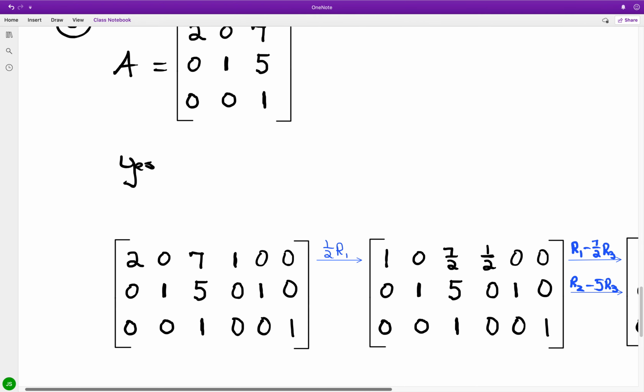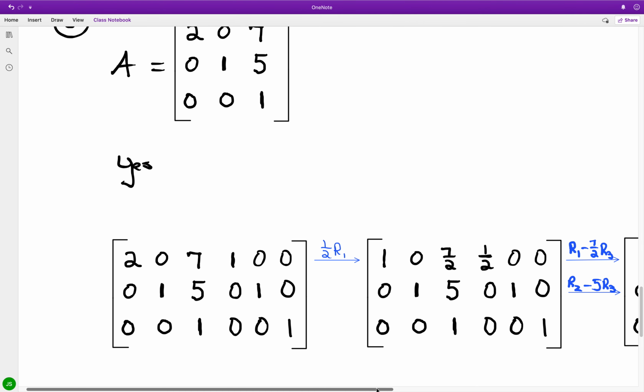Looking at what we have next, we have 1, 0, 0, 0, 1, 0. So no adjustment needs to be made for the second column, but with the third column, we have 7 halves, 5, and 1, and I want to convert the 7 halves and the 5 to zeros.